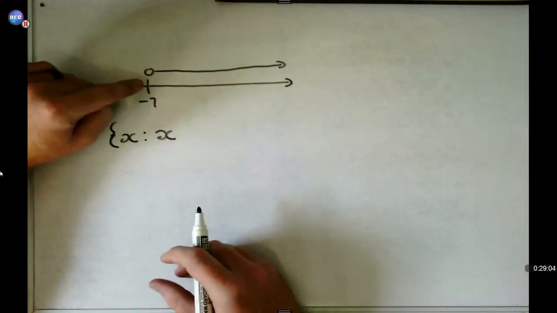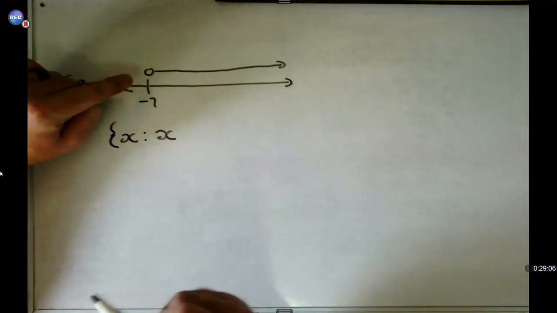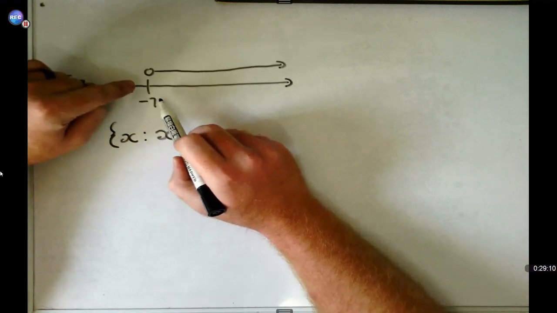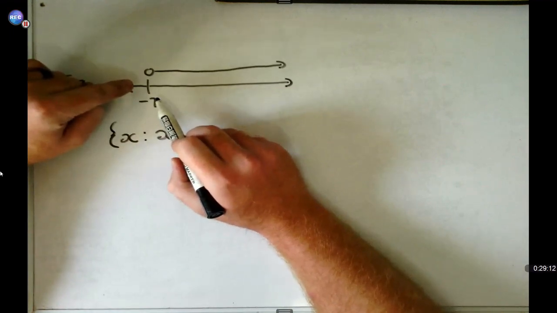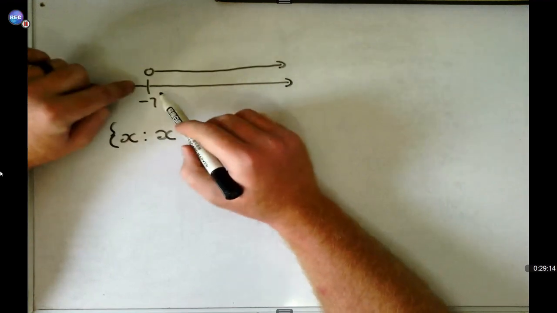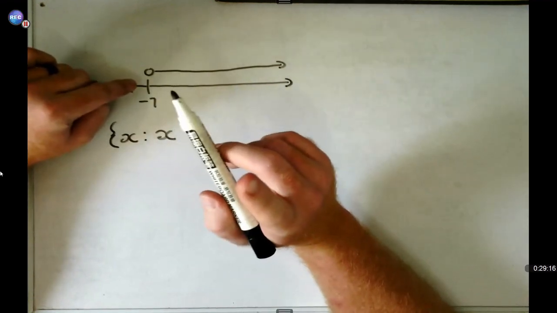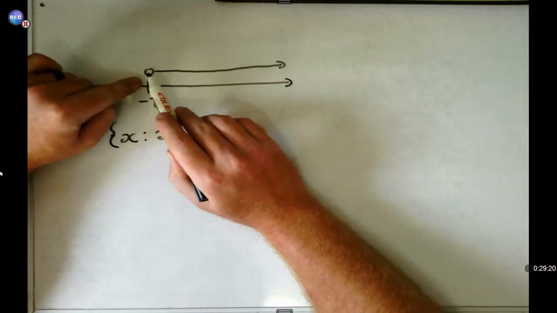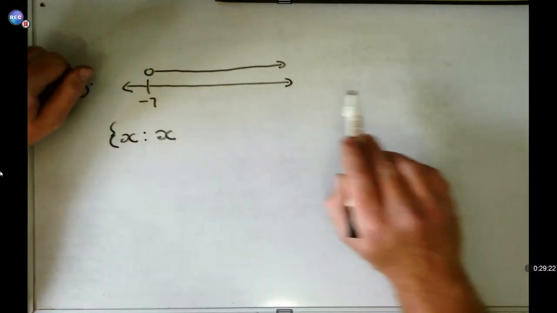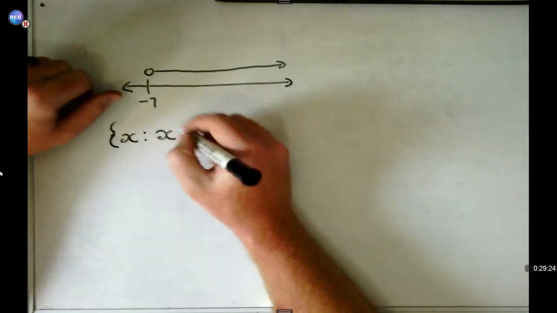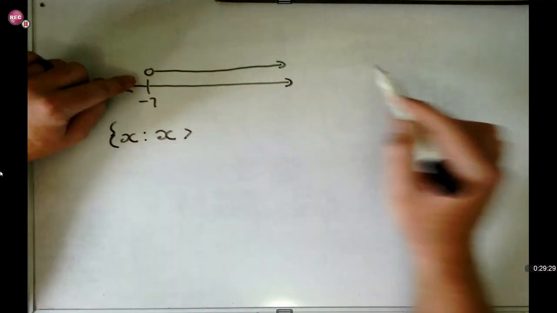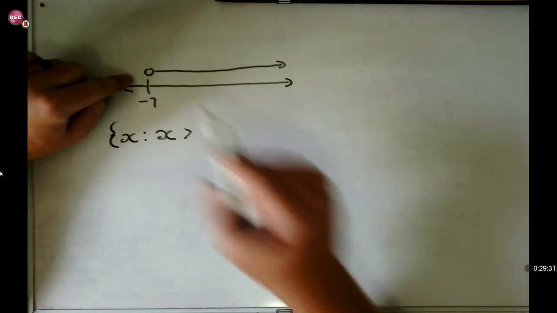Now with that, it tells you that -7, that is placed over here, is smaller than x. Why do I say that? Because from -7 the line goes to the right. So -7 is smaller than x, which means x moves into the positive values. That's why it goes to the right.